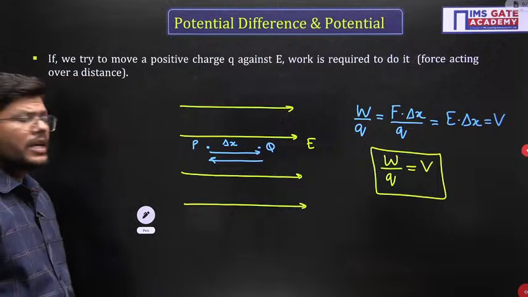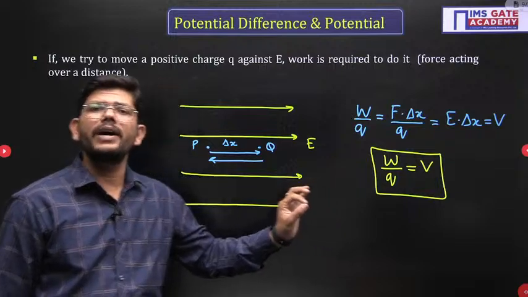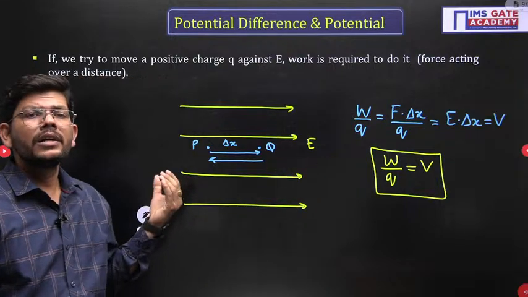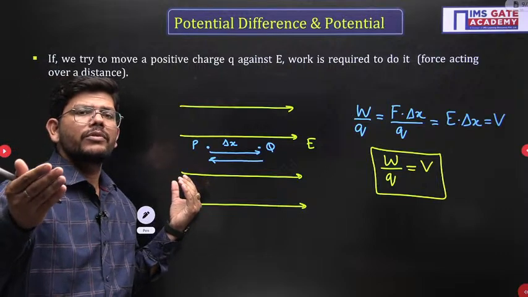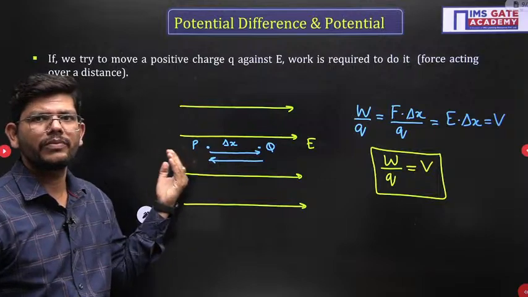If the charge is moving in the direction of the electric field, the work will be done by the field. If the charge is moving against the direction of the field, some external source will be giving some energy, and that's how it will be moving against the direction of the field.